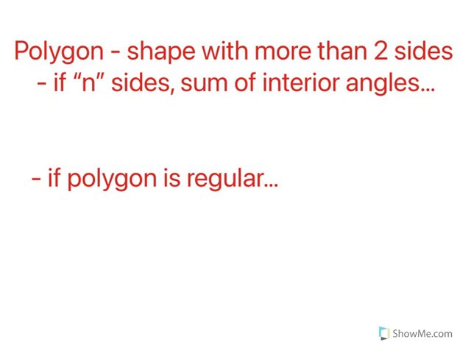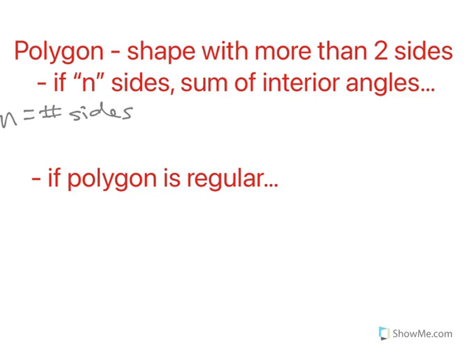And if there are n sides, we are using n to tell us the number of sides on the polygon. So for a triangle, n would be 3. For a square, n would be 4.